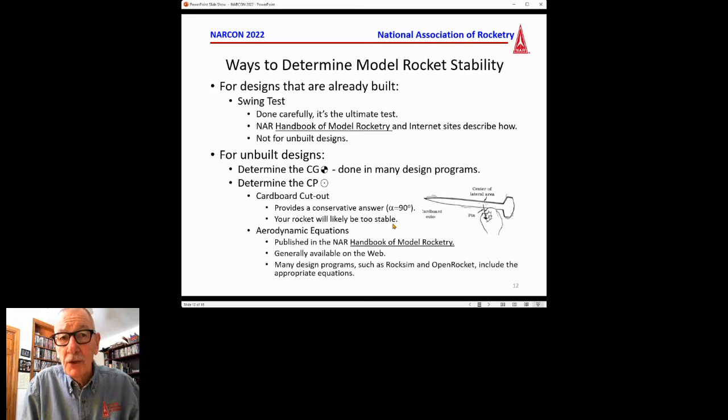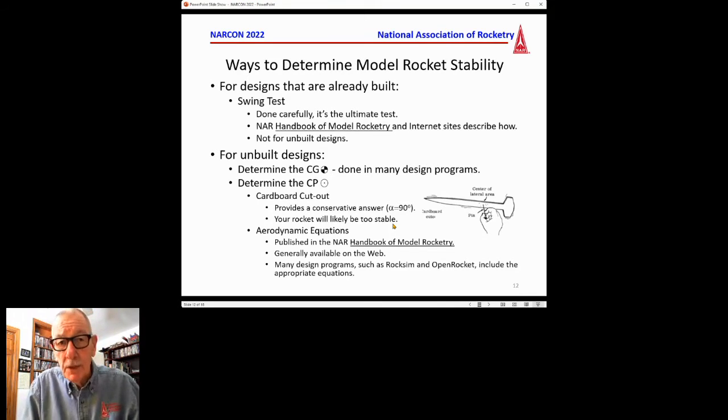So that's a good thing. On the other hand, the center of pressure can change mostly with angle of attack, and you want to make sure that angle of attack stays low, and therefore you have a center of pressure that remains behind the center of gravity.